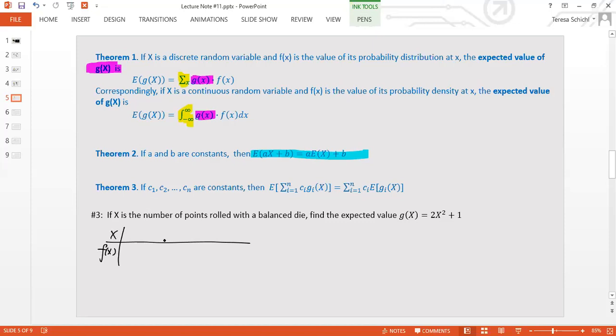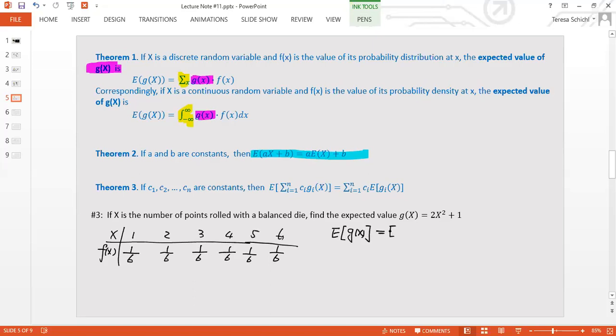So for a die, I will have 1, 2, 3, 4, 5, 6, correct? The 6 faces. So how much is each one? This is balanced, so it's 1 over 6 for each.